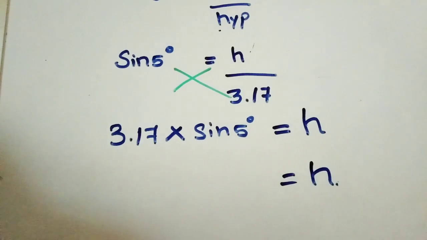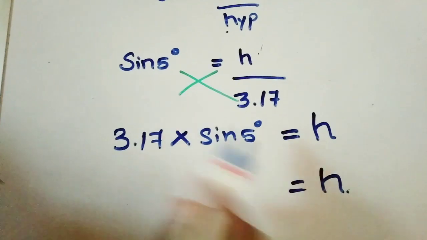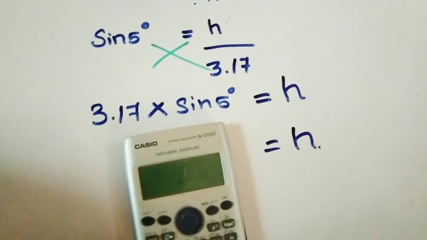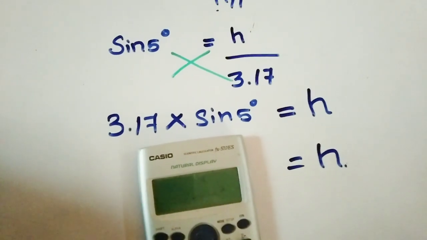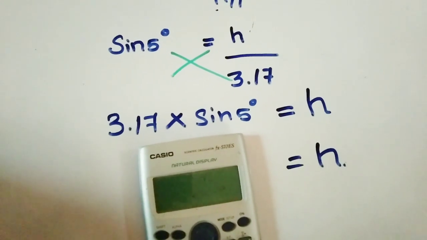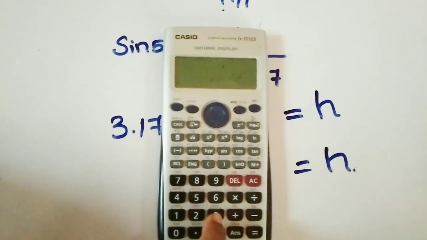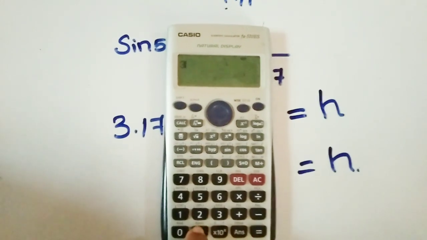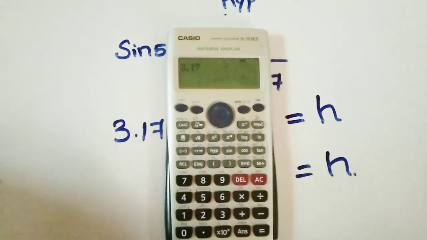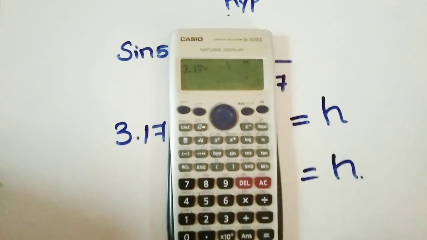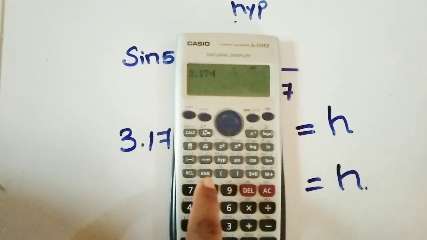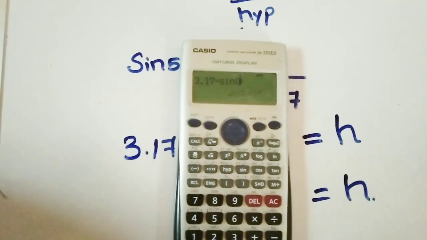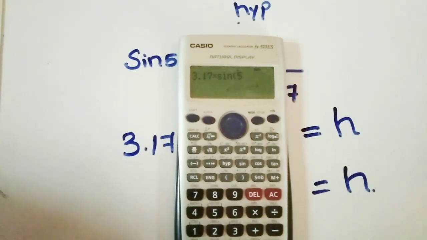So h equals, you can use your scientific calculator for this question. 3.17 into sine 5. Where is sine? Sine cos tan. Sine 5, equal.